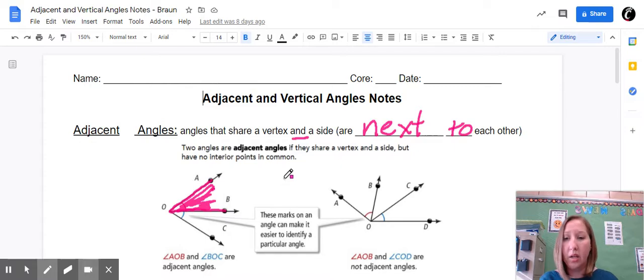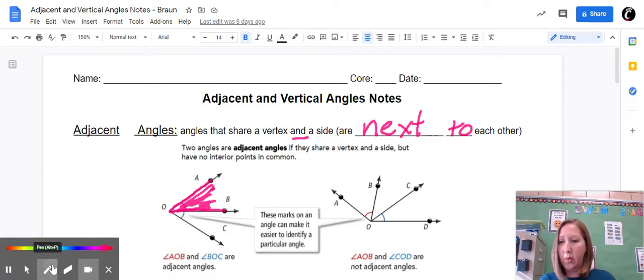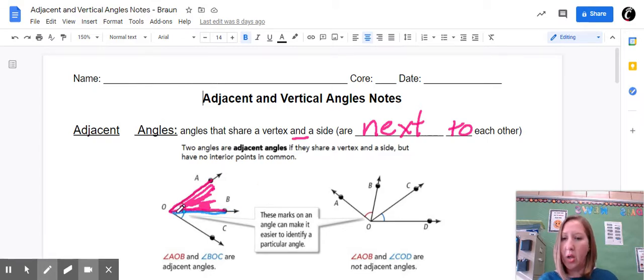And we're looking at angle BOC. I'm going to change my color, and we're looking at this one here, BOC. These two angles are adjacent because they are sharing the same vertex back here at O, and also they're sharing this line here, the line OB. They both have that same side. So those two are adjacent angles.